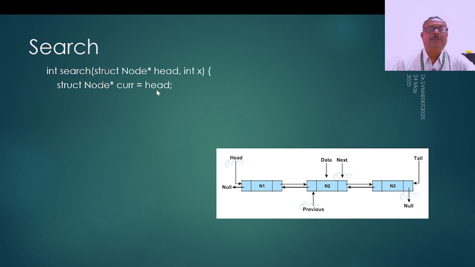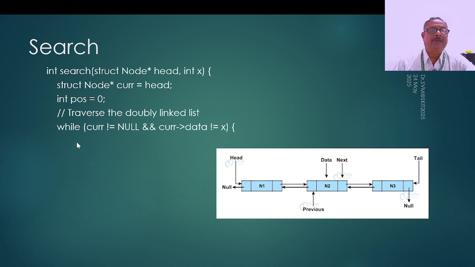To make that movement possible, let us copy the address of the head into a pointer called current. And then to know where exactly we could find it, let's begin with a position variable equal to 0 and then start traversing.